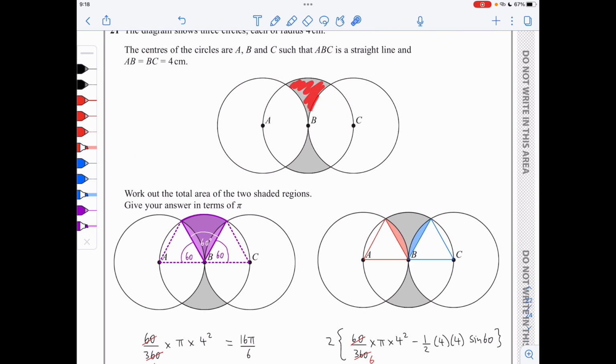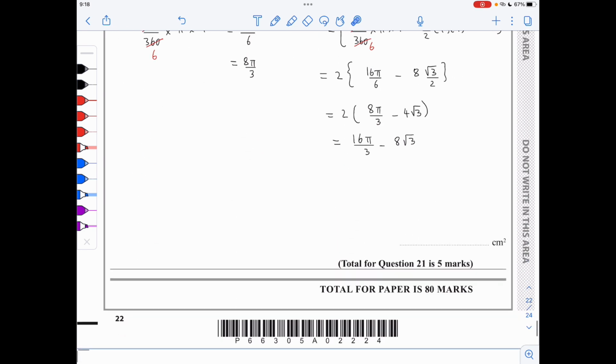So the total shaded area will be twice this. So I will be doing shaded area is equal to 2 times the difference between 8 pi over 3 and 16 pi over 3 minus 8 root 3.